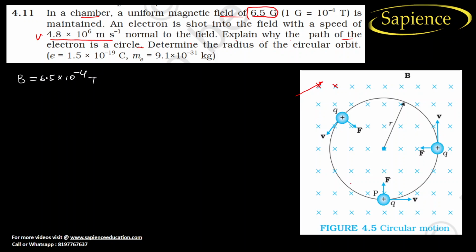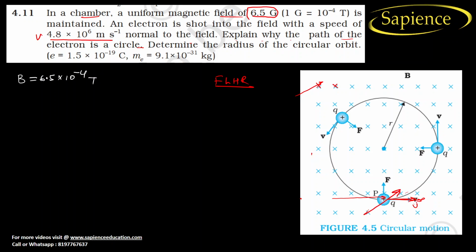See what will happen as soon as it will try to move like this. So velocity will be like this. But due to Fleming's left hand rule, if you study Fleming's left hand rule, you will find that there are three things: the fast moving electron in this direction having velocity v, and the magnetic field in this direction, right?